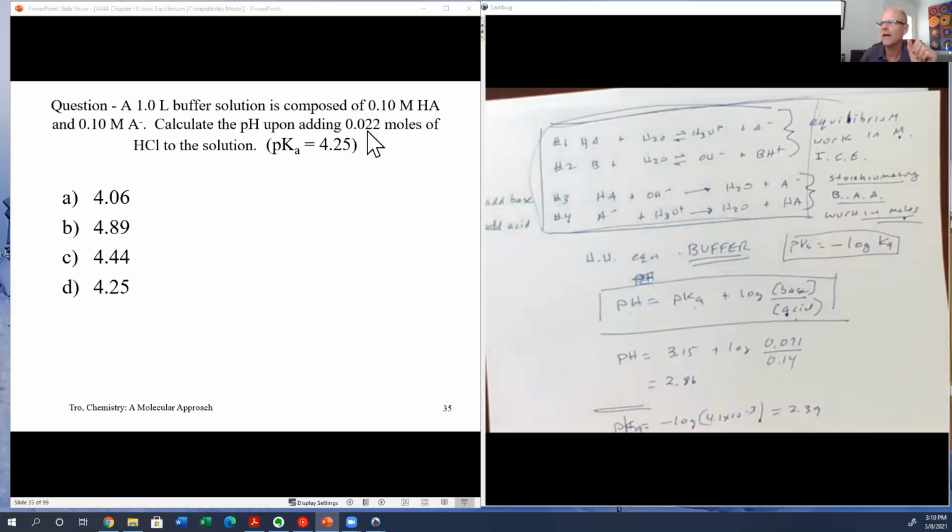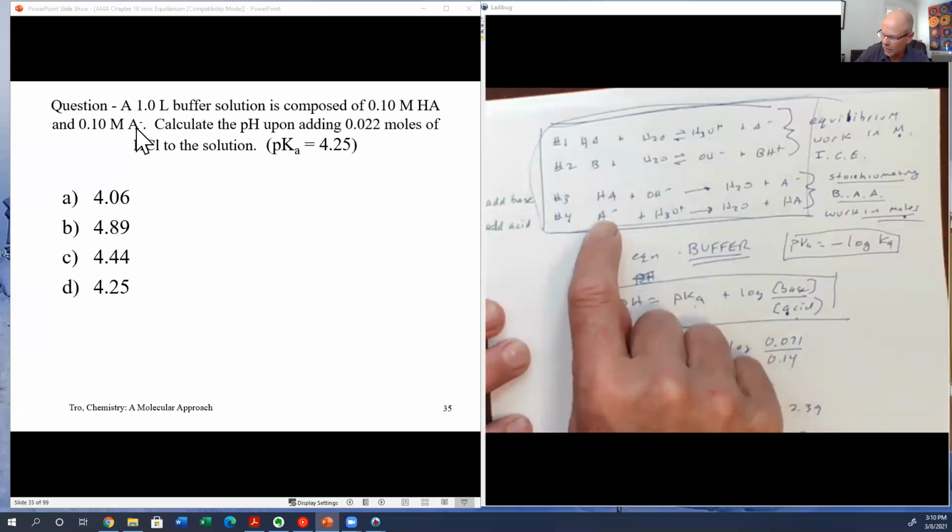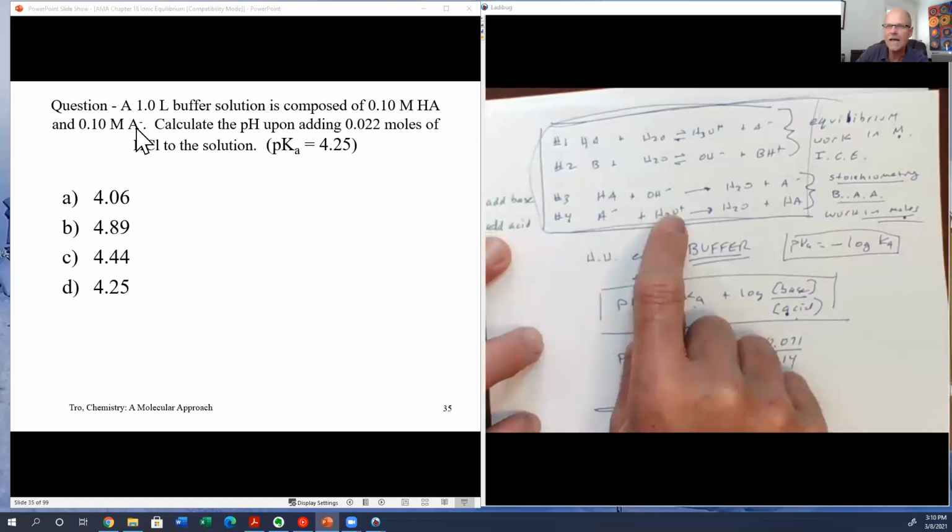Then what you got to say is, okay, if I'm adding acid, I got to think about it. What does the strong acid react with? The base or the acid? Well, strong acid will always react with the base, with the conjugate base. So there's my conjugate base neutralizing incoming added acid. And now, since it's one of these two equations, I know it's a BA table, not an ice table, right?